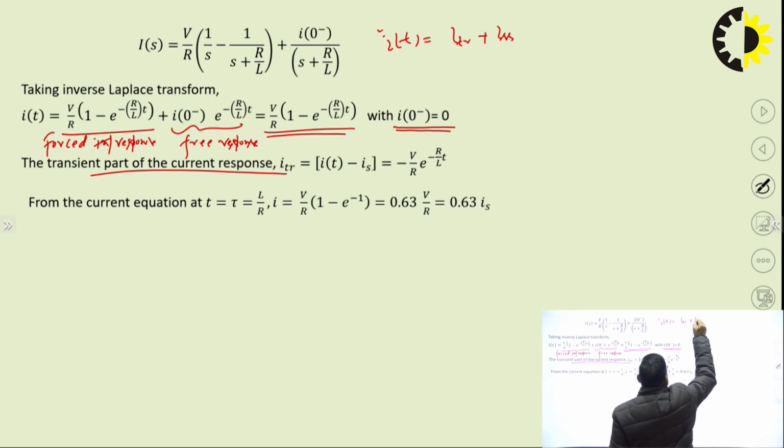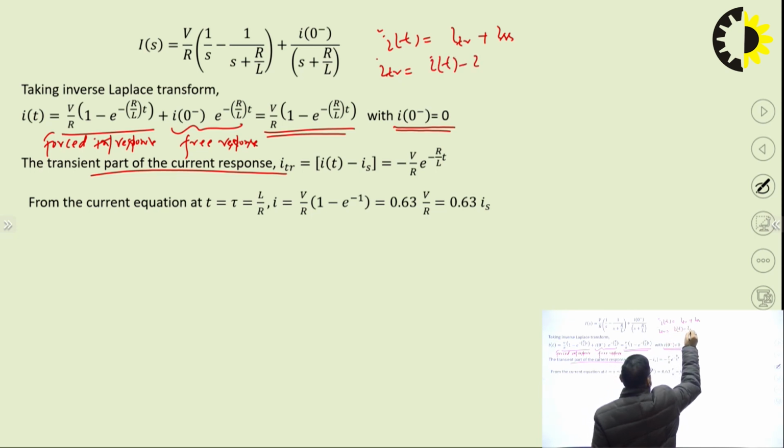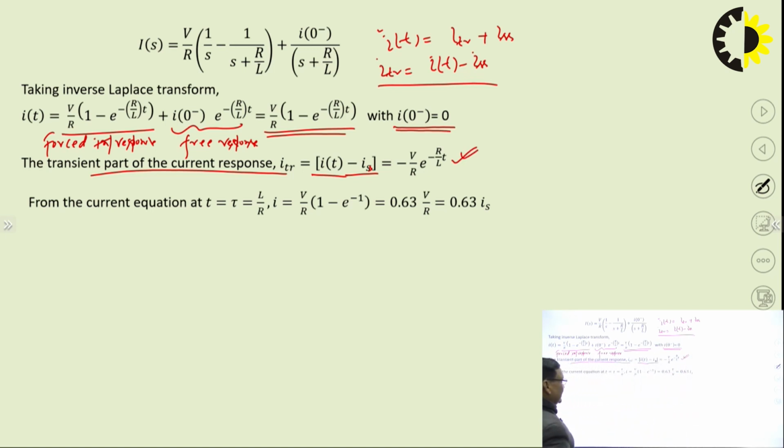I_SS is the steady state current, and the transient current is nothing but we just subtract the steady state part of the current, and we get the transient. So, here it is written I_T minus I_SS, where I_SS means steady state. So, it comes to minus V upon R e to the minus R by L into T.